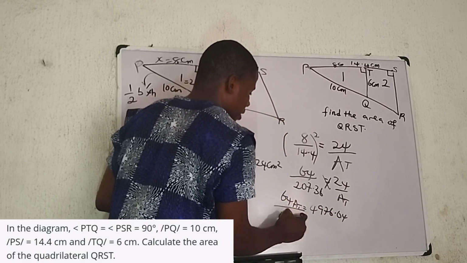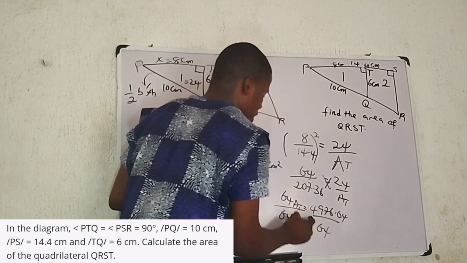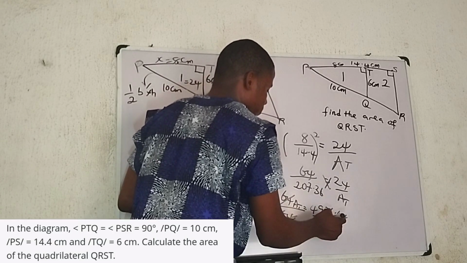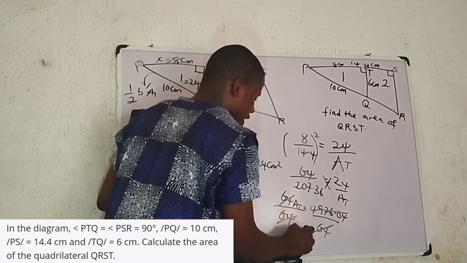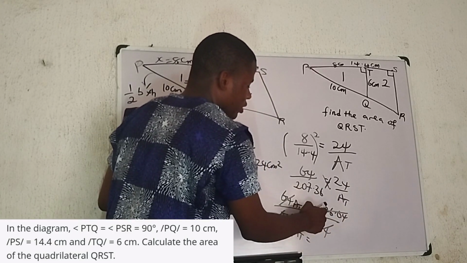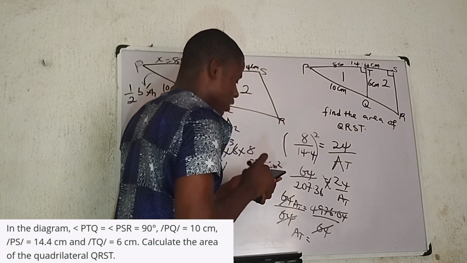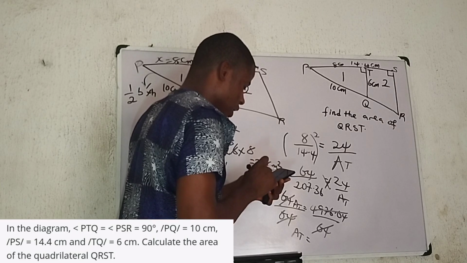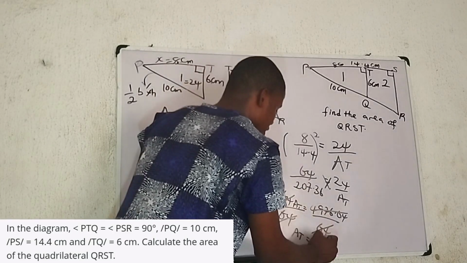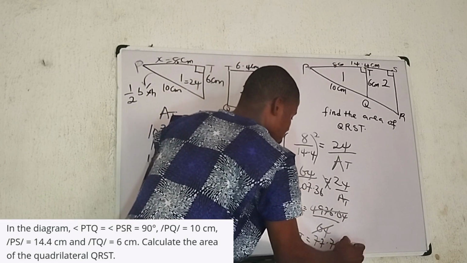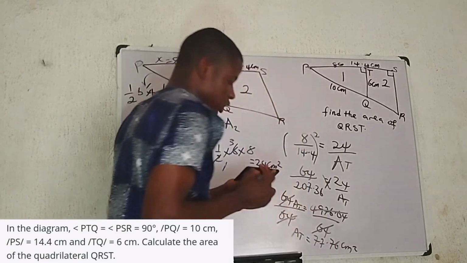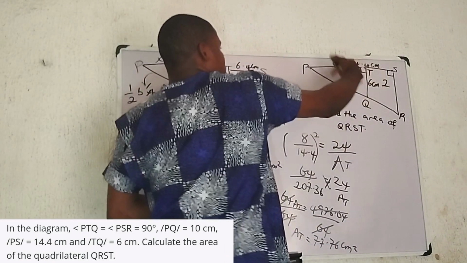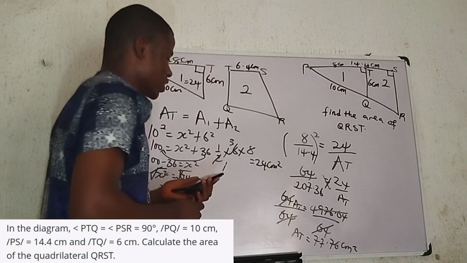I'm going to divide both sides by 64. 64 over 64 cancels, right? So I'm having that AT equals 4976.64 divided by 64. It gave me 77.76 square centimeter. So have you seen that the total area of the shape is 77.76 square centimeter?